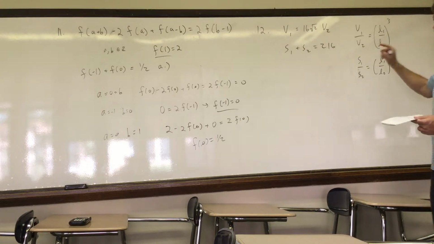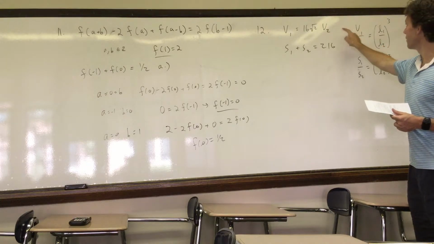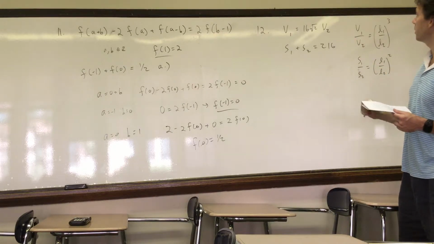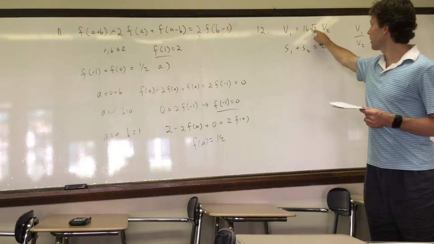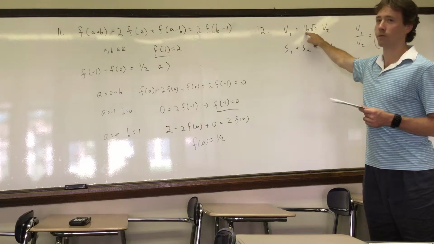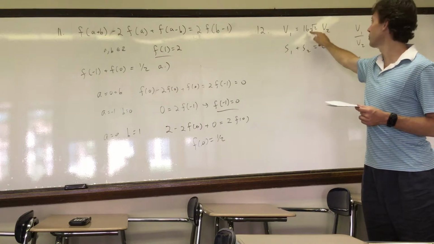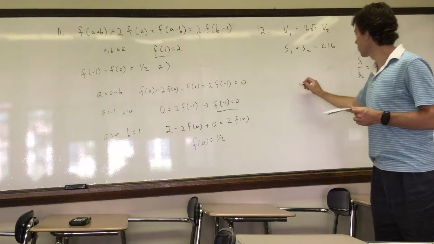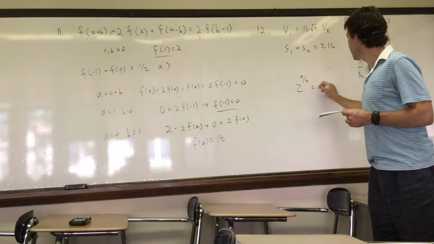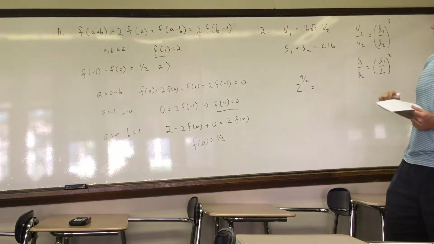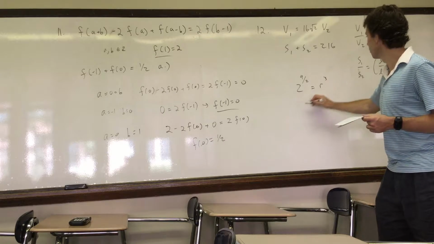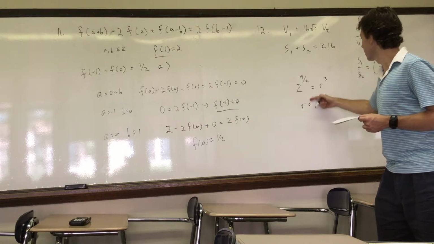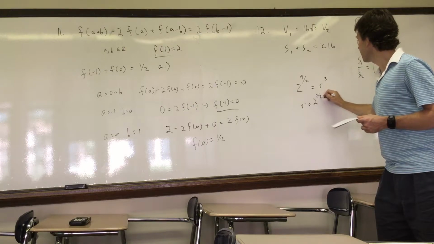Using this fact, we know that V1 over V2 is 16 root 2. This is 2 to the 4th times 2 to the 1/2, so 2 to the 9/2 total. I'll call the length ratio R, so R cubed is 2 to the 9/2, and R is 2 to the 3/2.